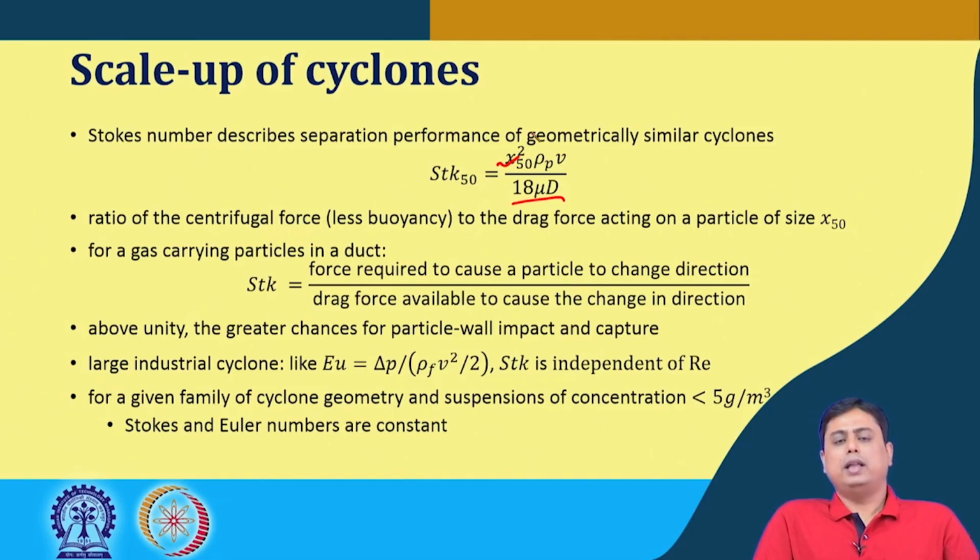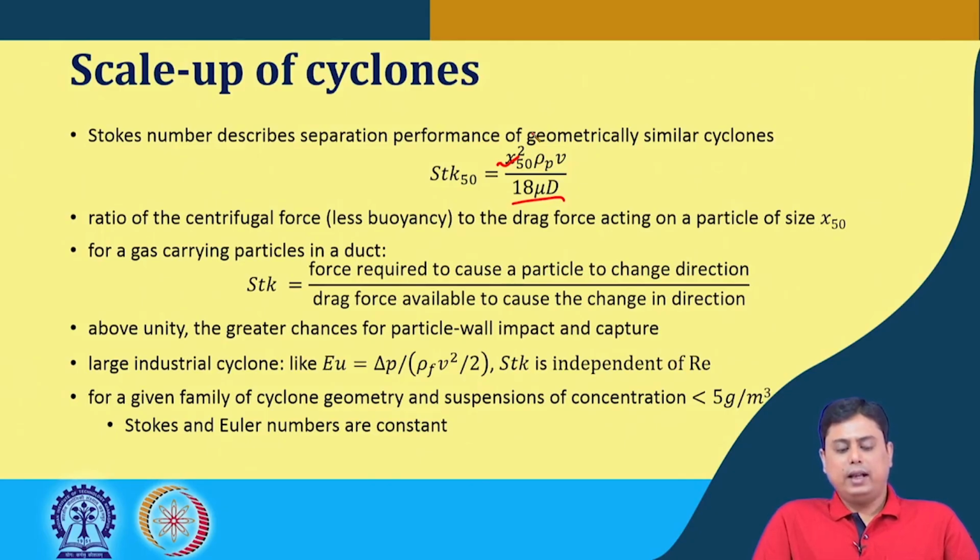If that is sufficient, then the particle will change its direction, which means if this Stokes number is above unity, more than 1, then there are chances of particle wall impact and consequently it can be captured.